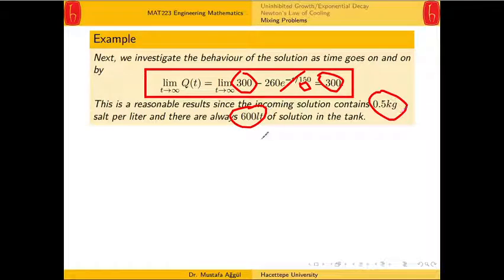Then it means if the tank is filled fully with the incoming solution, we will end up with 300 kilograms of salt. And this makes sense because after waiting long enough we obtain 300 kilograms of salt in the tank. So physically we find this solution to be a reasonable solution.